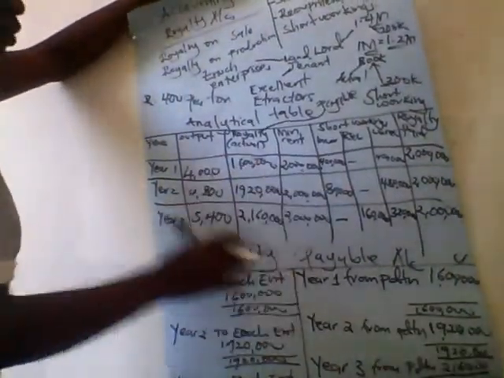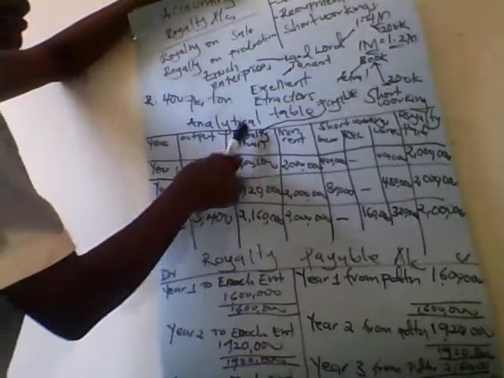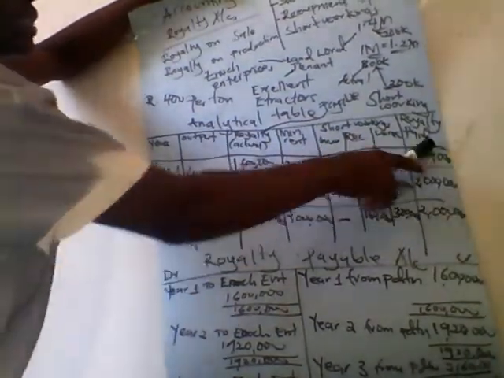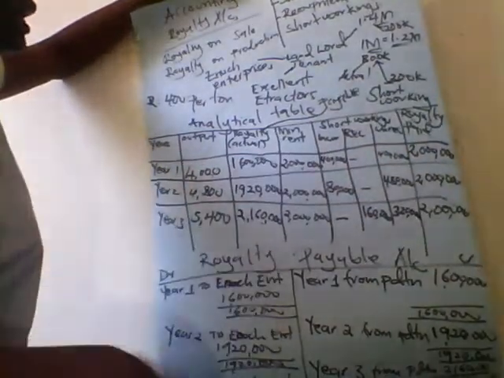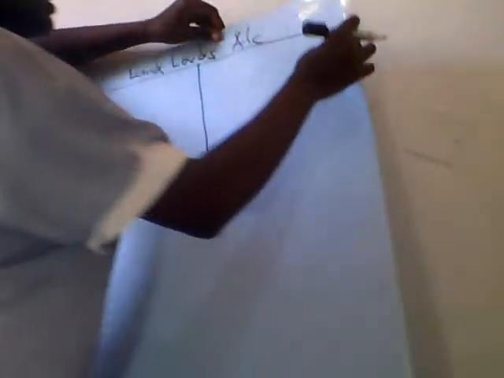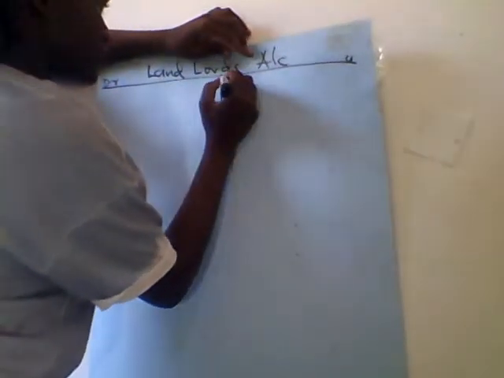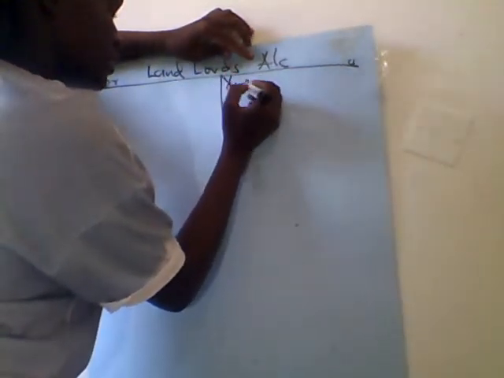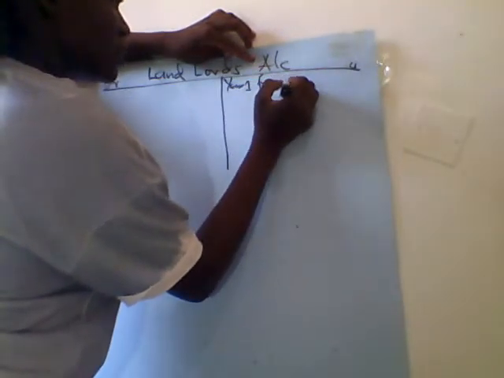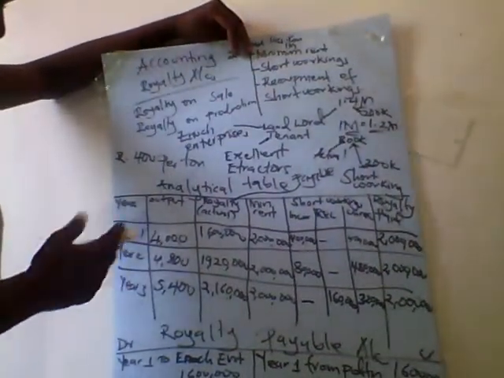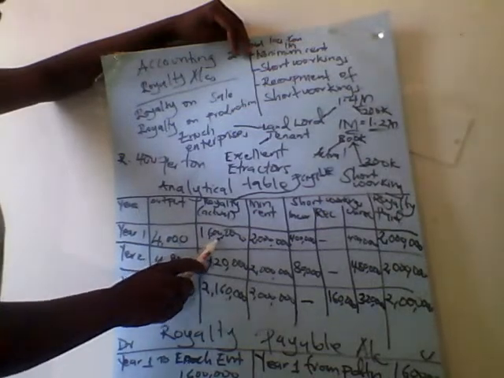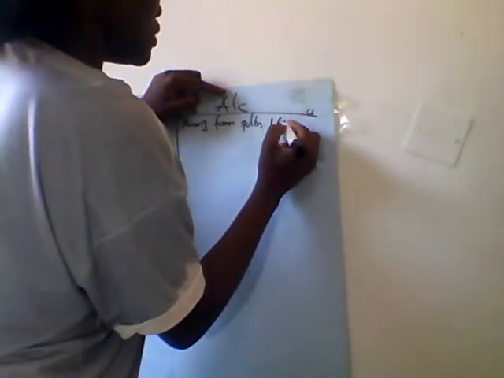So here we are going to use these columns. We are going to use the royalty payable, then the short workings, and then the royalty that was paid. They are the ones that we shall be using. So for year 1, you write from production. From production, we got this 1.6.